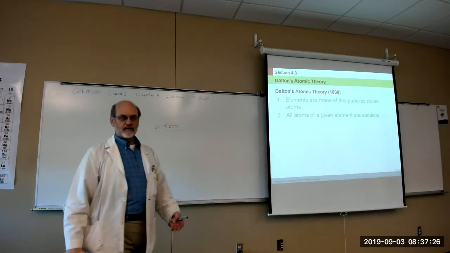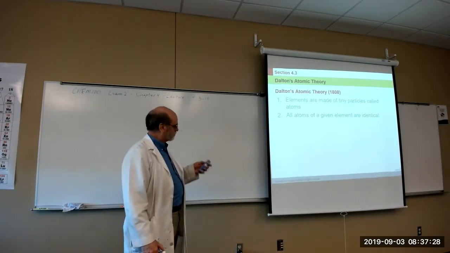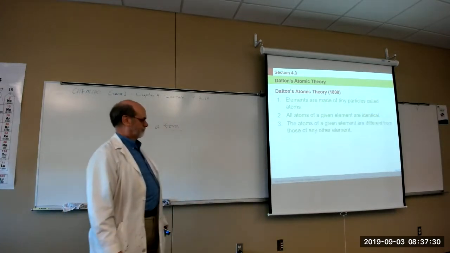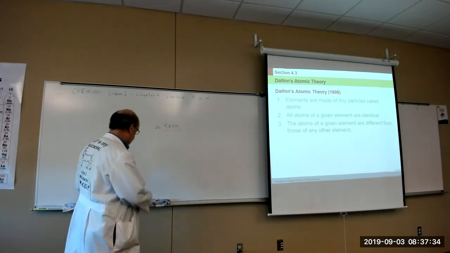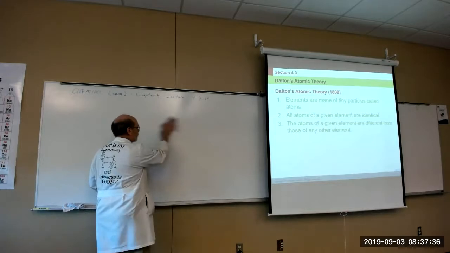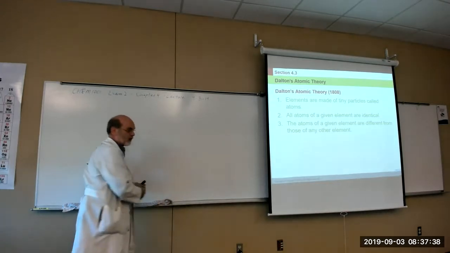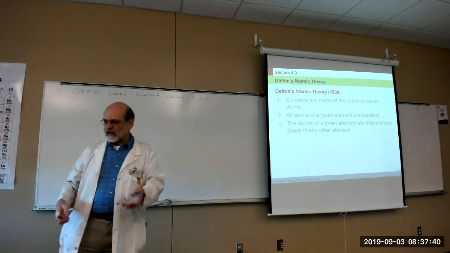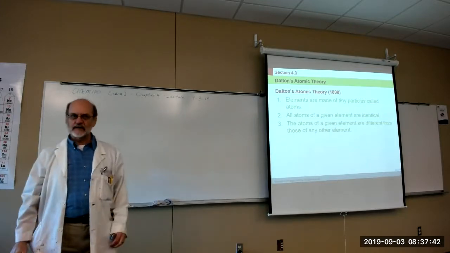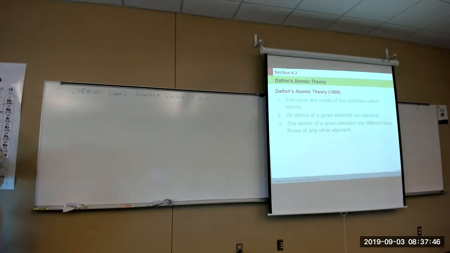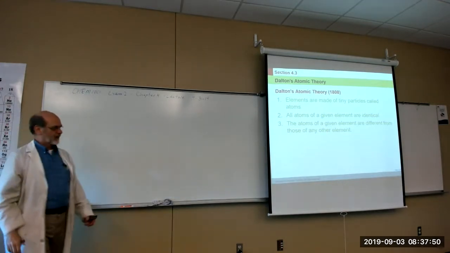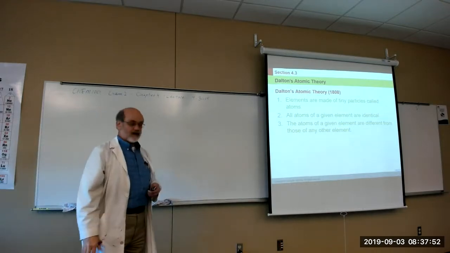It behaves the same. And of course, like I just said, the atoms of one element are different than the atoms of the other. That's where Dalton differed from the ancient Greeks. He said these atoms are the same for this one, but they're different for this one. That explains why they behave differently.